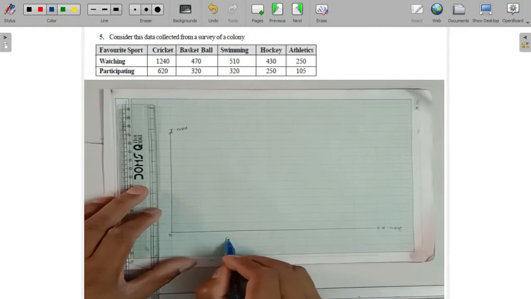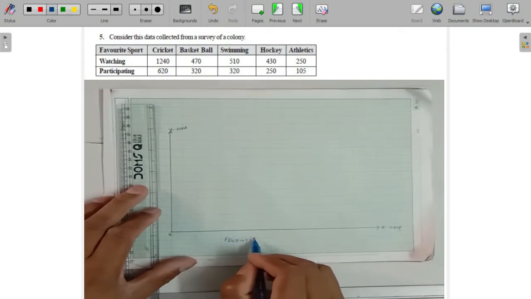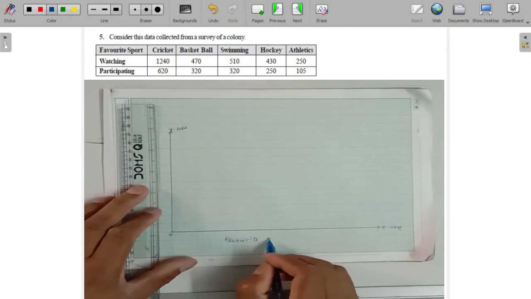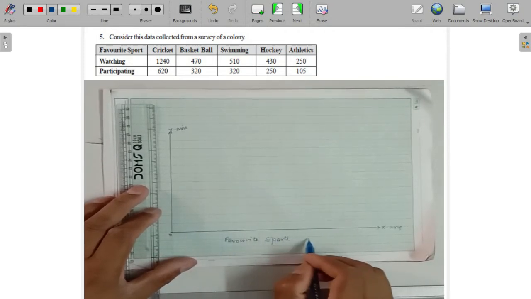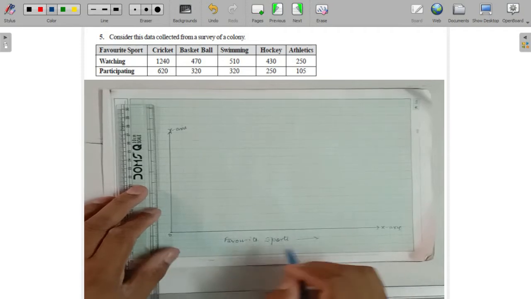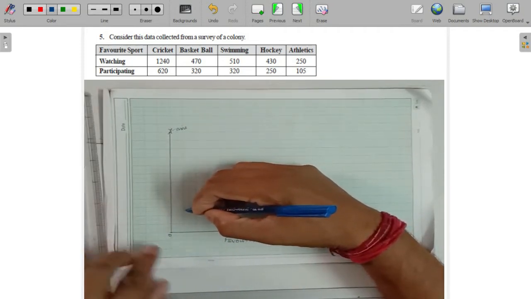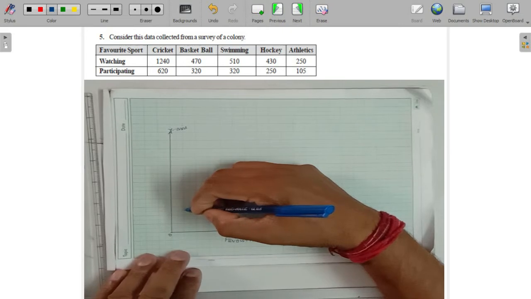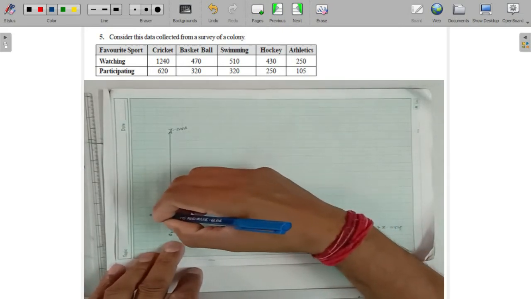Write down here favorite sports. And draw an arrow, and here write down watching and participating.